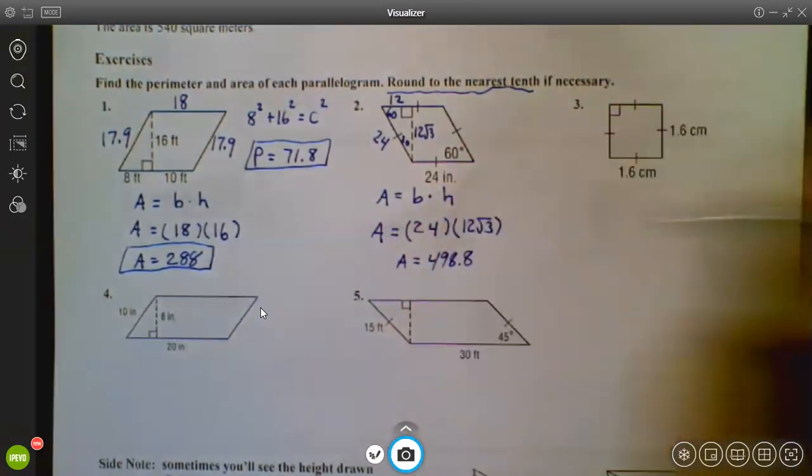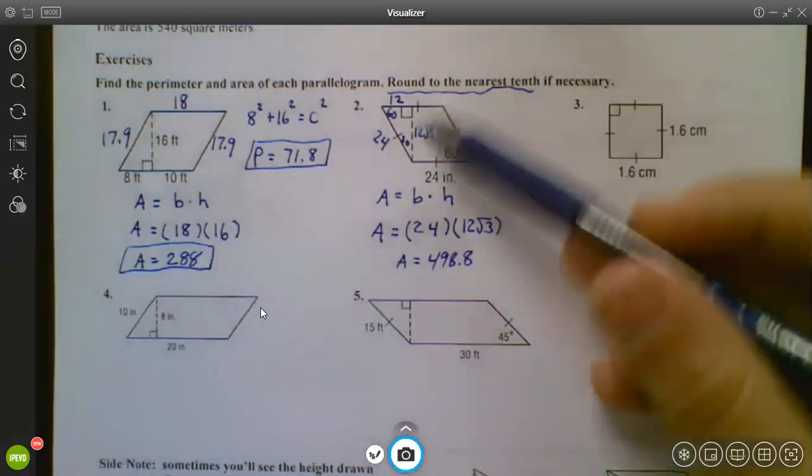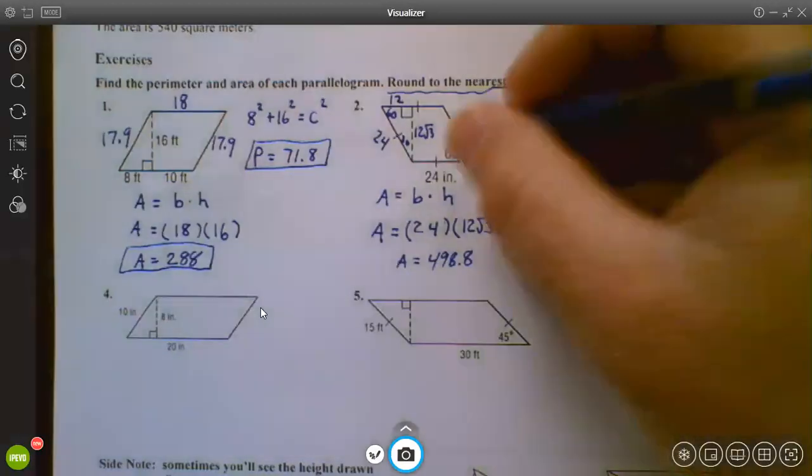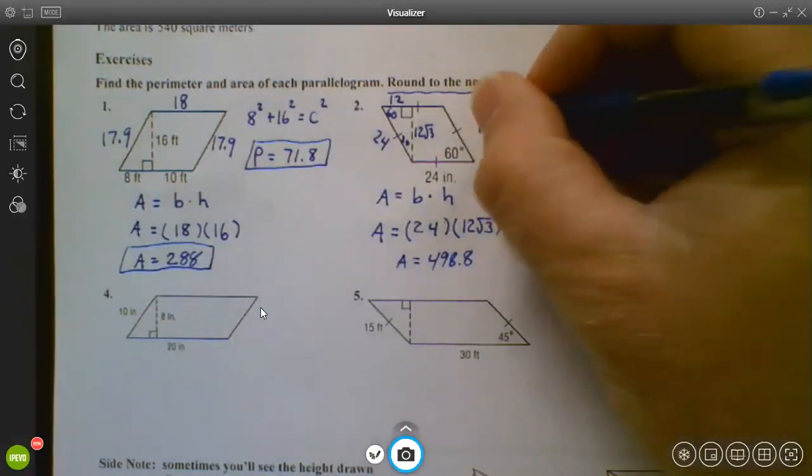All right, so how about perimeter? We know all 4 sides are 24. Think a little logically here for just a second. Instead of doing 24 plus 24 plus 24 plus 24, what would be the easier way of looking at that? Just 24 times 4, right? Let's keep it as efficient as we can.